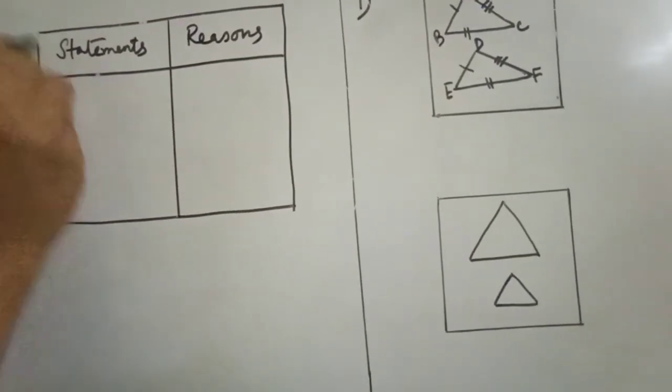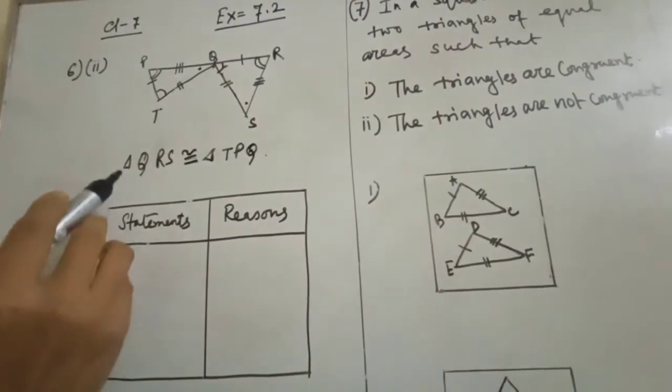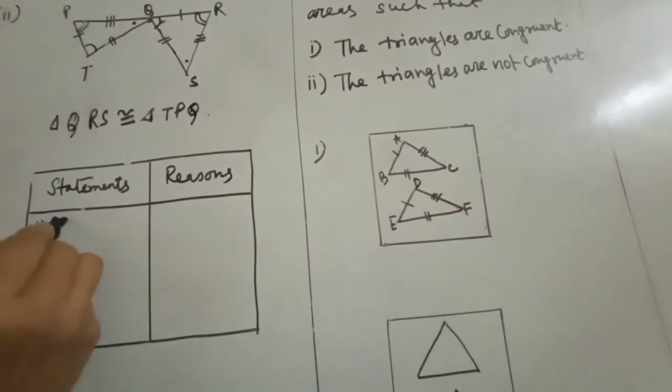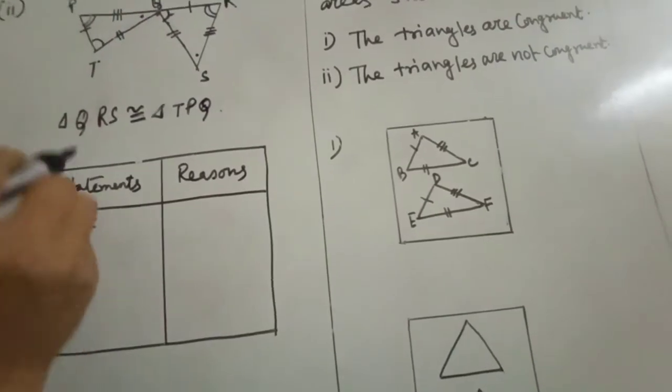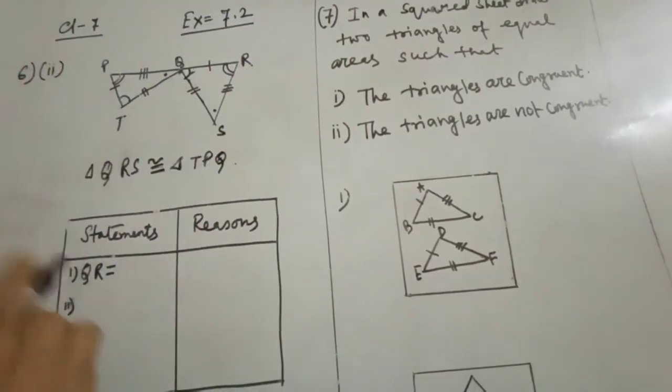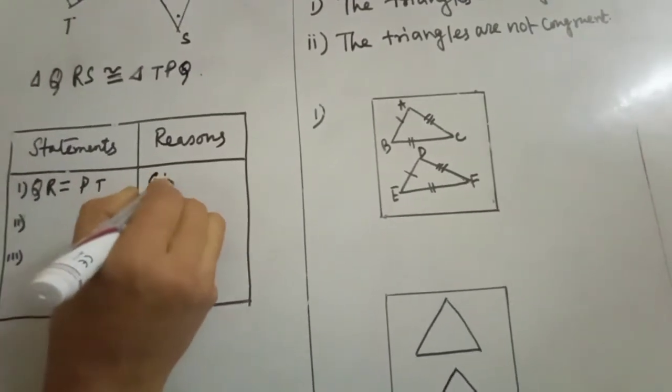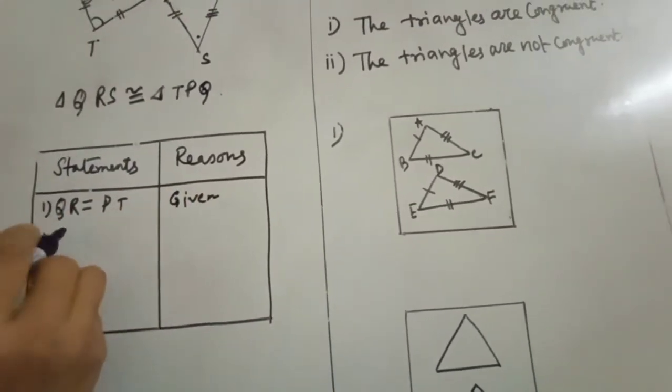Say PT. In triangle QRS, side QR is equal to PT. It is given, so the reason you have to write is given.